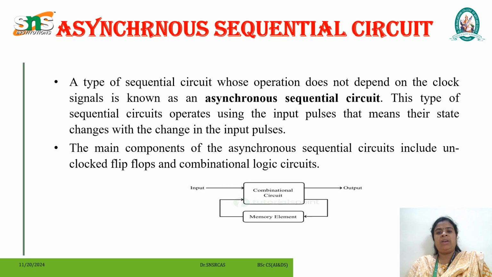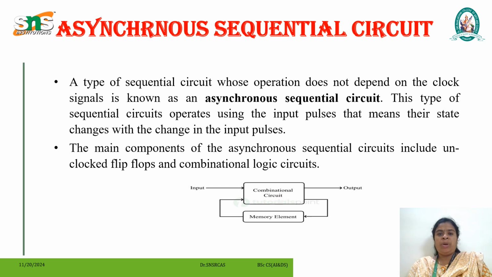Next one, asynchronous sequential circuit. A type of sequential circuit whose operation does not depend on the clock signal is known as an asynchronous sequential circuit. This type of sequential circuit operates using input pulses, that means it depends on the changes of the input pulses.